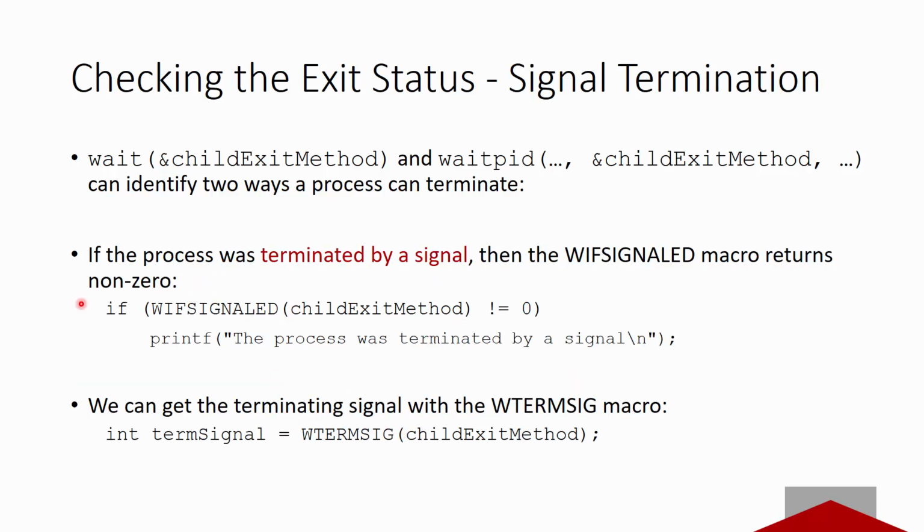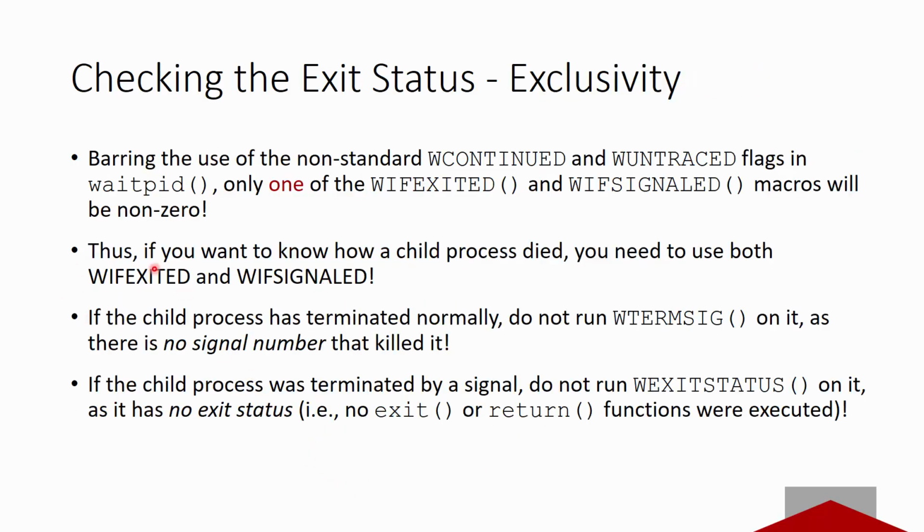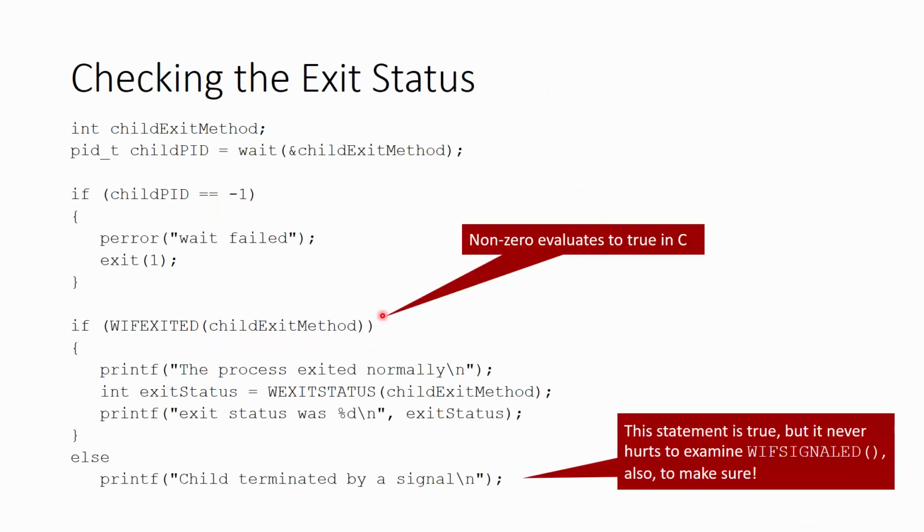We can tell if it was signaled by using ifSignaled, and we get the actual terminating signal out with wTermSig. So both of these are involved, and there's certainly no problem in checking both. Out of a sense of paranoia, because everybody is in fact out to get you, checking both to make sure one is non-zero and the other is zero is certainly prudent.